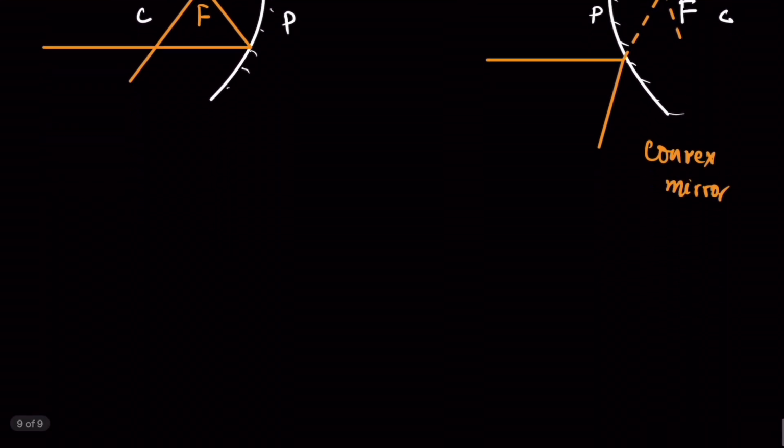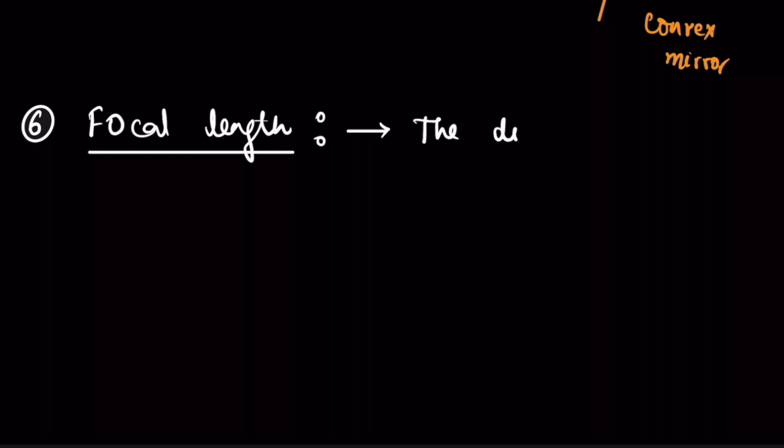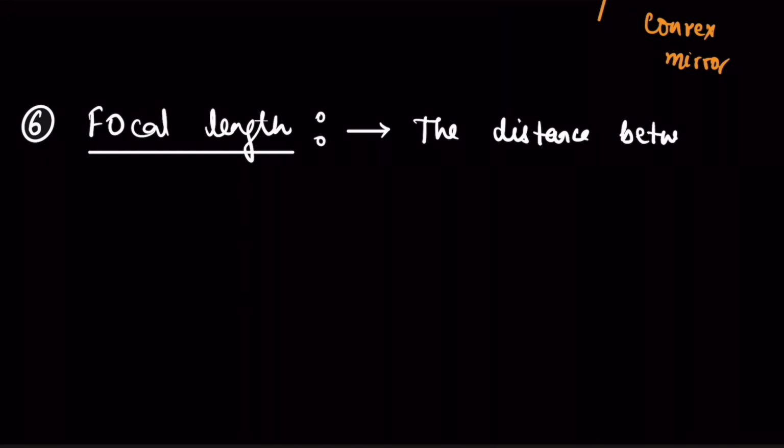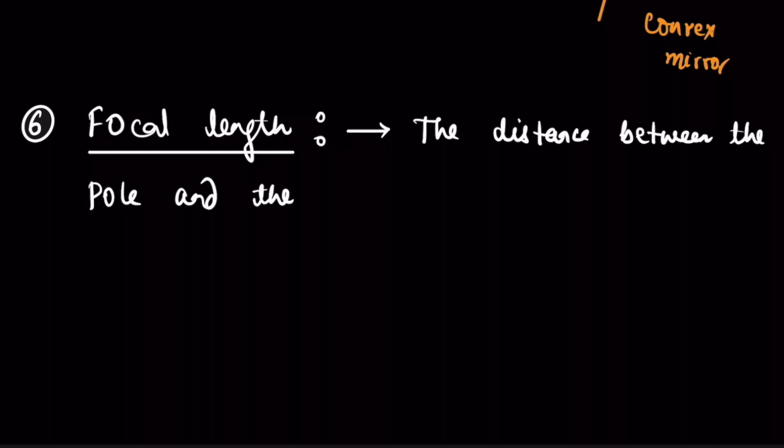So next is focal length. Focal length is the distance between the pole and the focus.